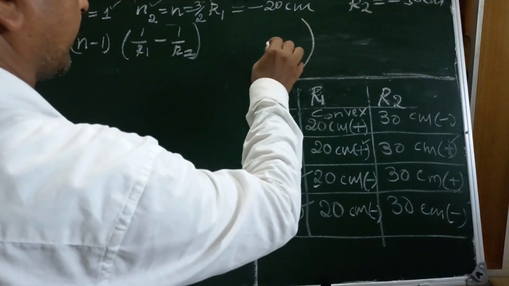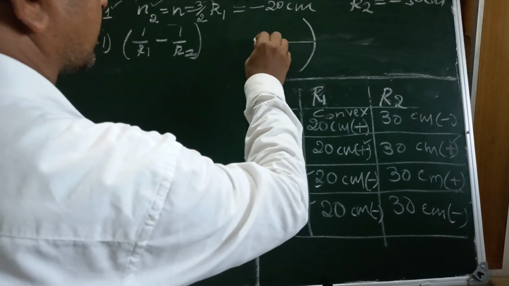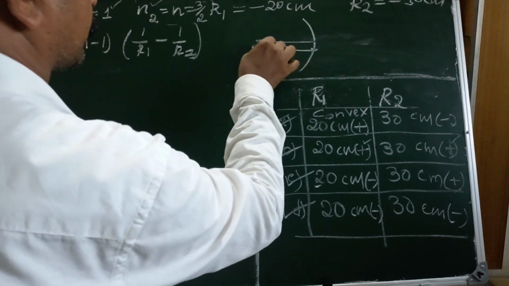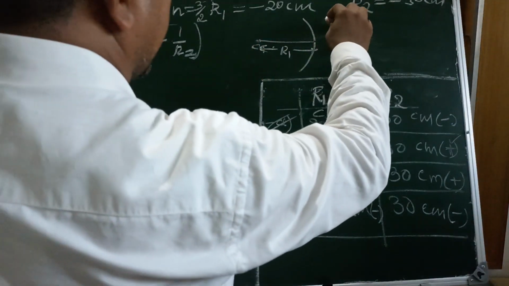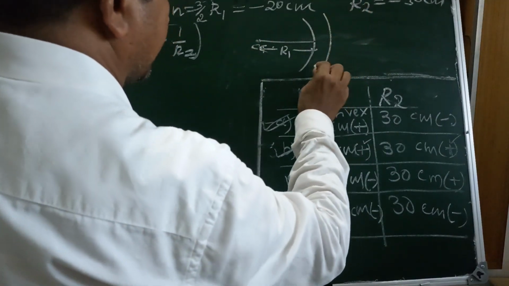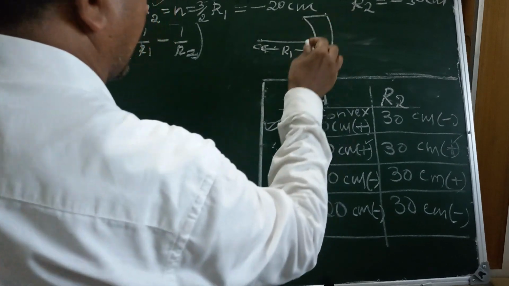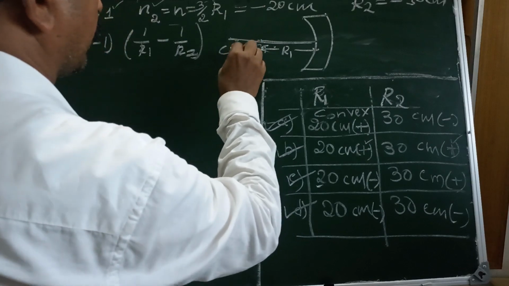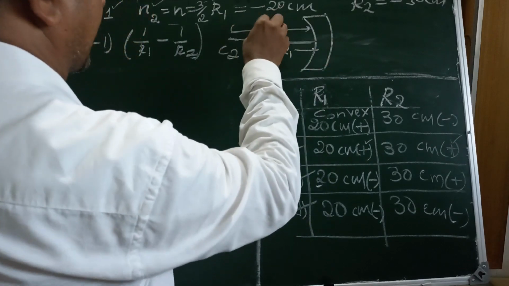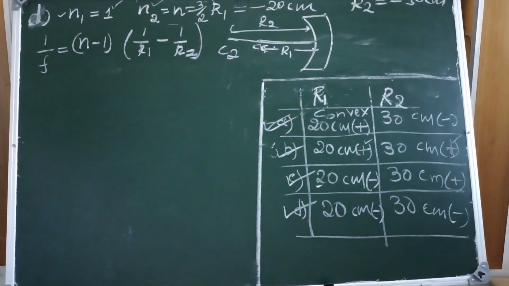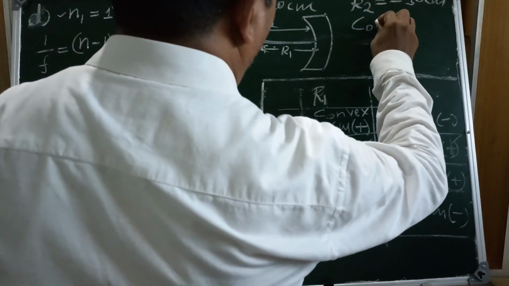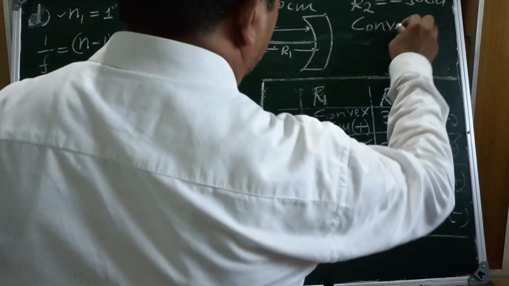So here it is C1, and from here to here it is R1, so R1 is negative. Again R2 is also negative, and you can take here C2 and here you are getting R2, both R1 and R2. And it is a type of lens, convexo-concave.